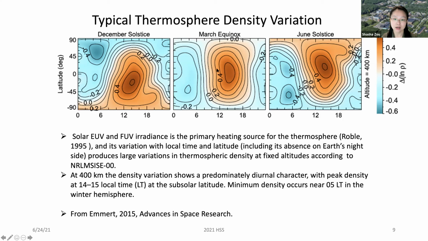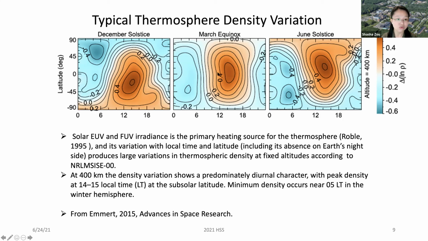During the equinox, the sun is sending the same amount of energy to both hemispheres. We expect to see the minimum hemispherical asymmetry. As you can see here, it's pretty symmetric between the northern and the southern hemisphere. The largest thermosphere density and temperature, which is not shown here, will be on the day side.